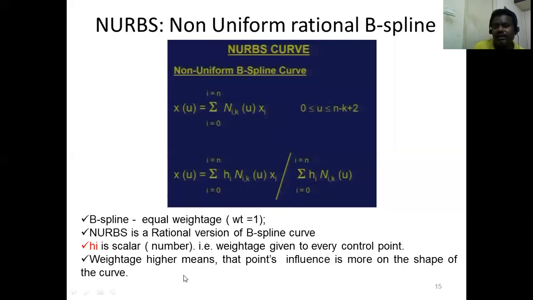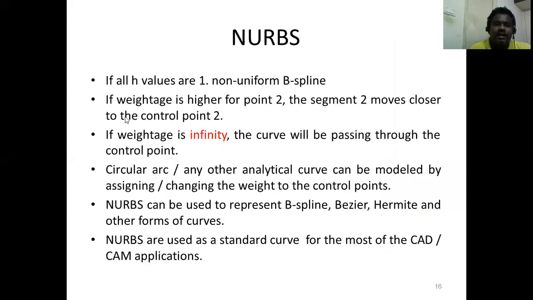If all H values are 1, it is known as a non-uniform B-spline. If the weightage is higher for point 2, the segment 2 moves closer to control point 2. Understand? Higher weightage means that point influences the particular segment more.